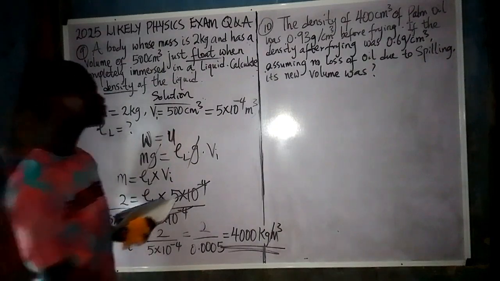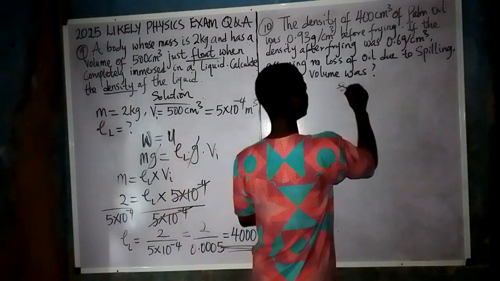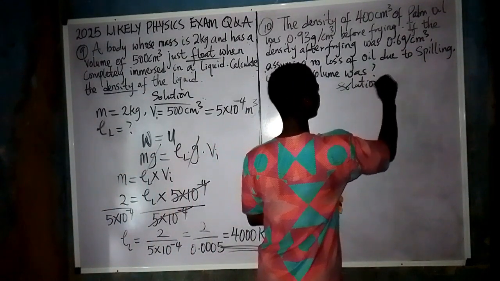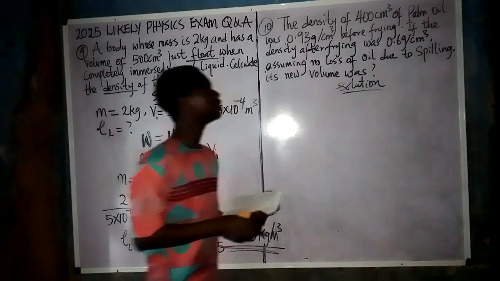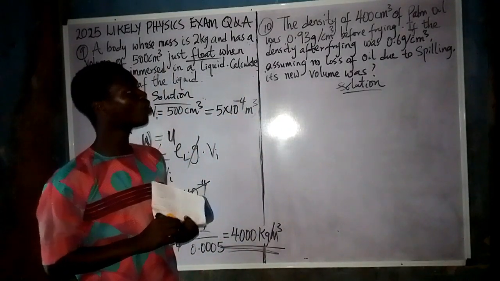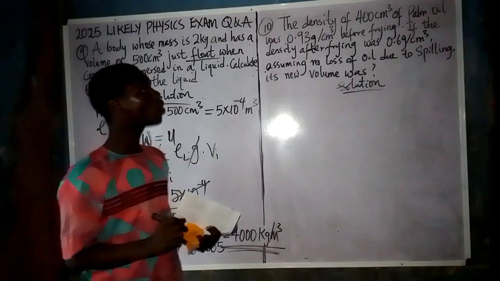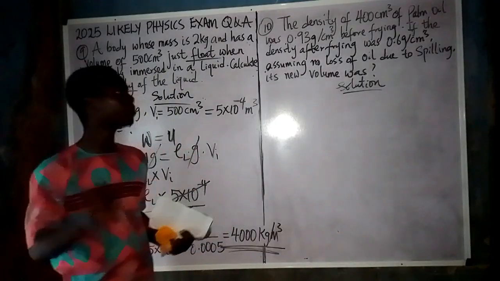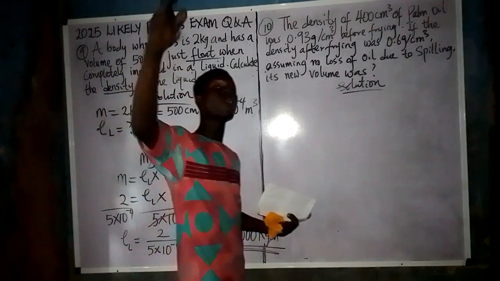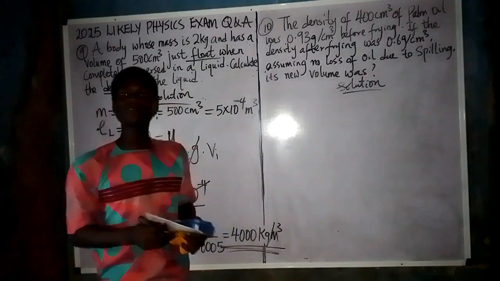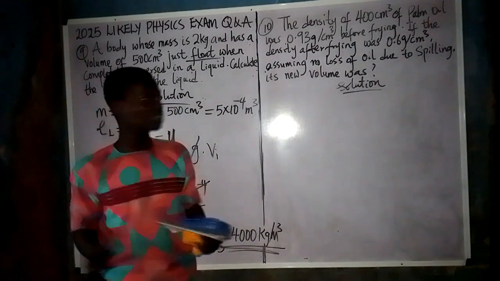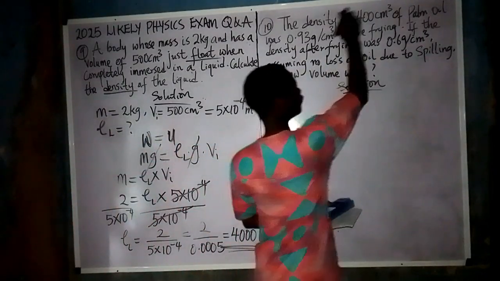So let's go straight to the next question, okay? Now let's see how we are going to solve this. The question reads: the density of 400 cm³ of palm oil was 0.93 gram per cm³ before frying. So before the oil was introduced to heat, it has a density of this and a volume of this.